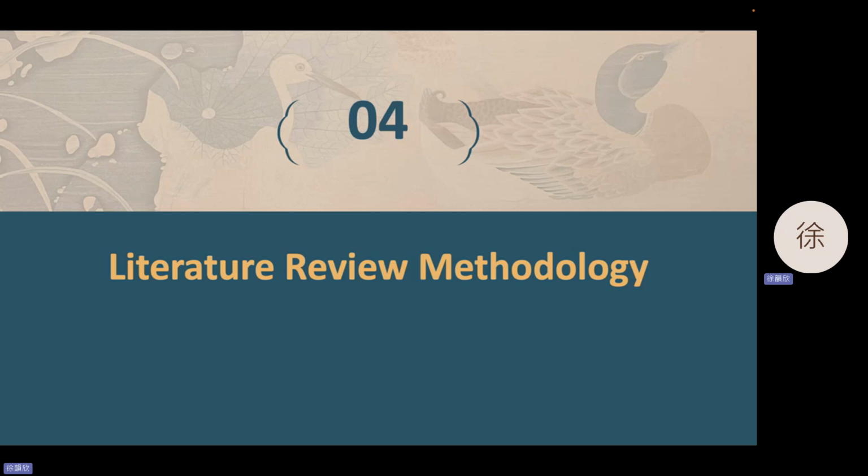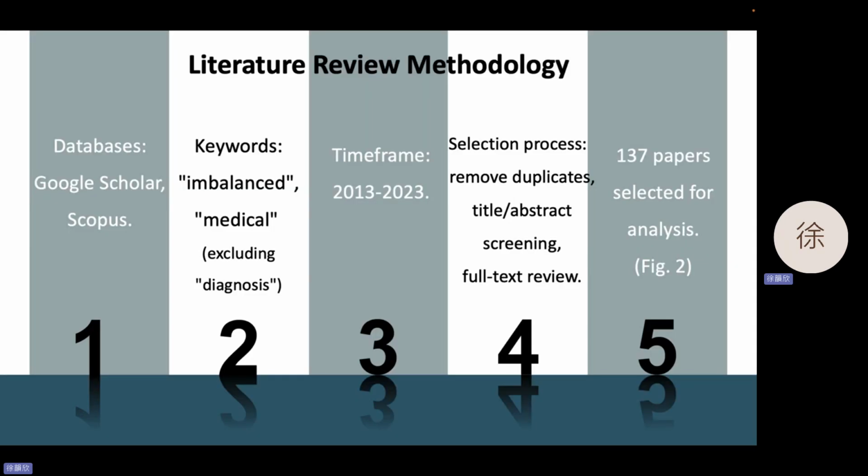And to find relevant research, we search in the two databases of Google Scholar and Scopus using specific keywords. The main keywords include imbalanced and medical to ensure that we find medical data related to the research dealing with class imbalance problems.